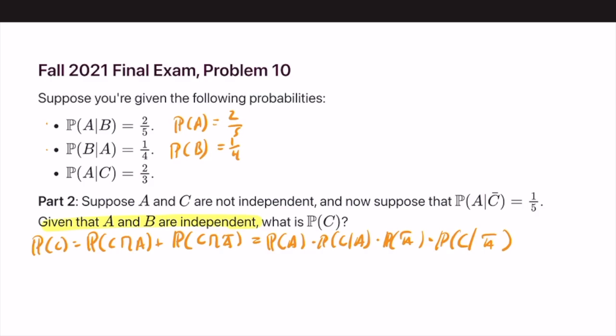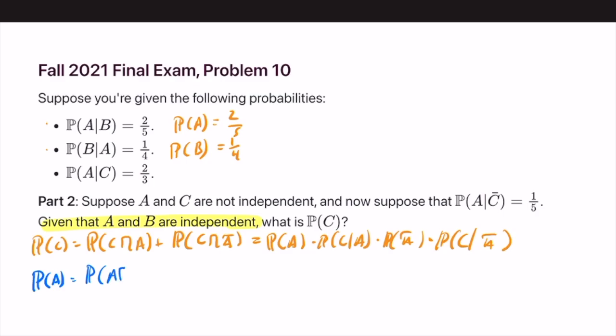What we do know is the probability of A, so we can extract that out and rearrange this a little bit so that it's now the probability of A. What we're trying to do is track down unknowns and see how we can rearrange stuff.